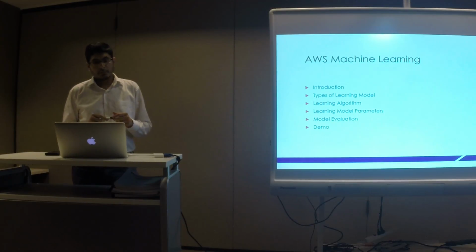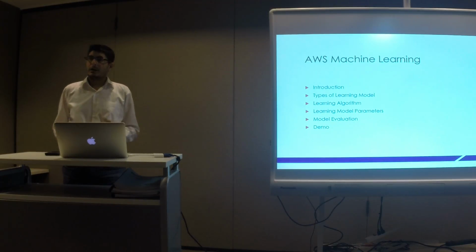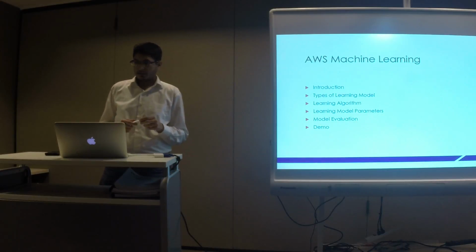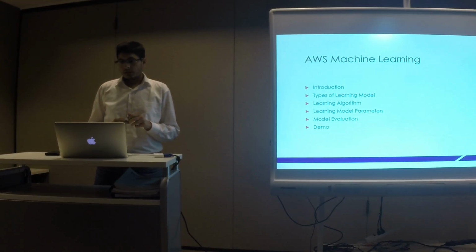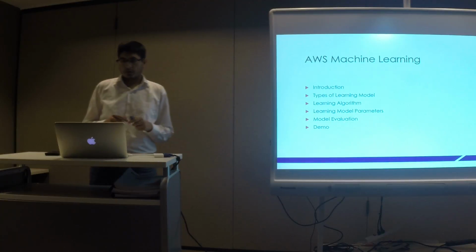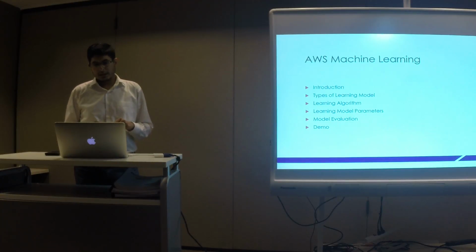And then model evaluation: whatever model you create, how to evaluate it, and how to look at a graphical view of those evaluations. And at the end, we'll do one short demo.